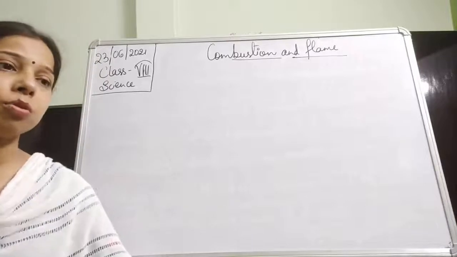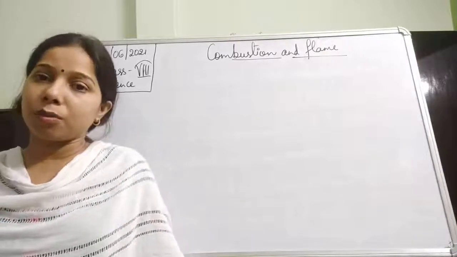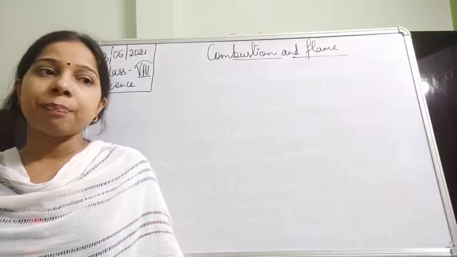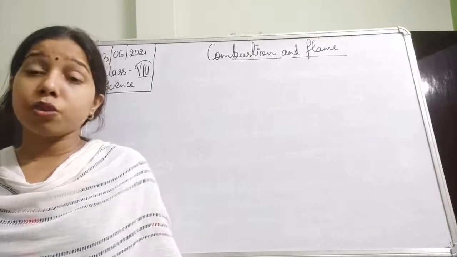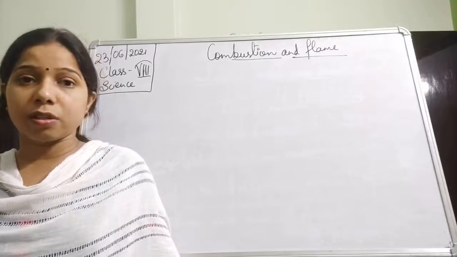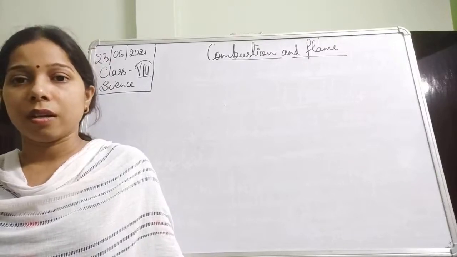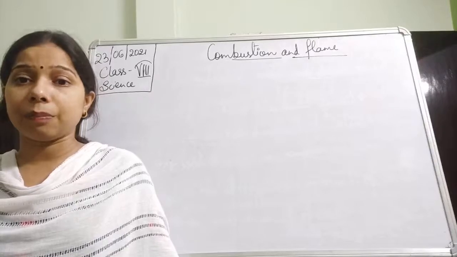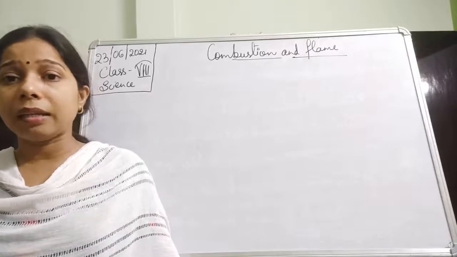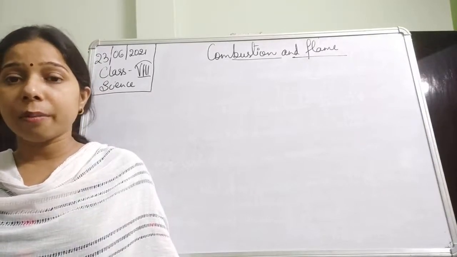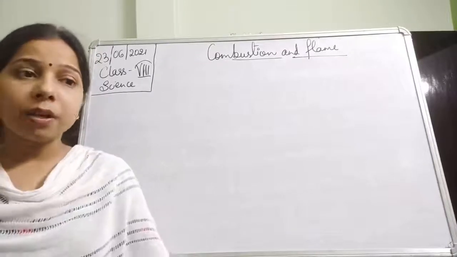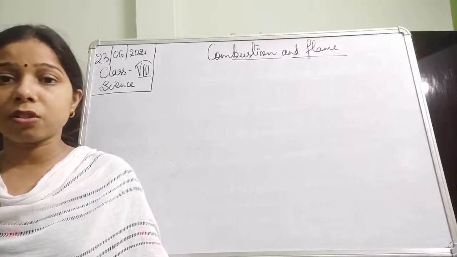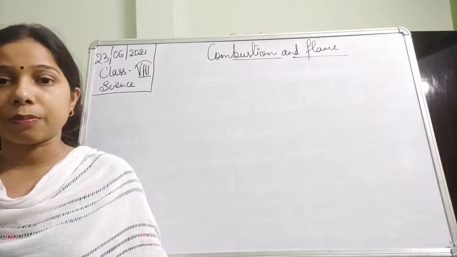Finally, the innermost zone, students. The innermost zone is the zone which does not receive oxygen at all. And since it does not receive oxygen, it is black in color. It means it does not produce any kind of light. The reason is no oxygen, so no support of combustion, so combustion cannot take place here.